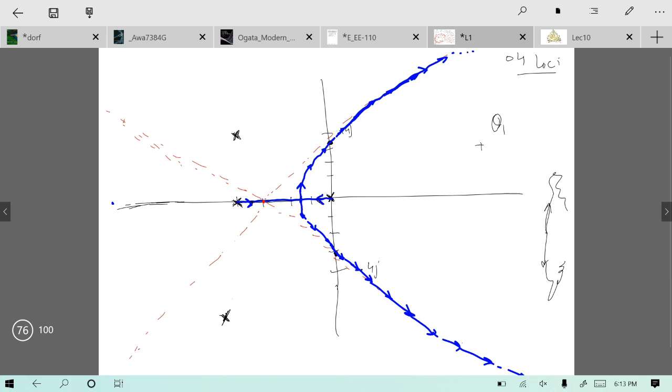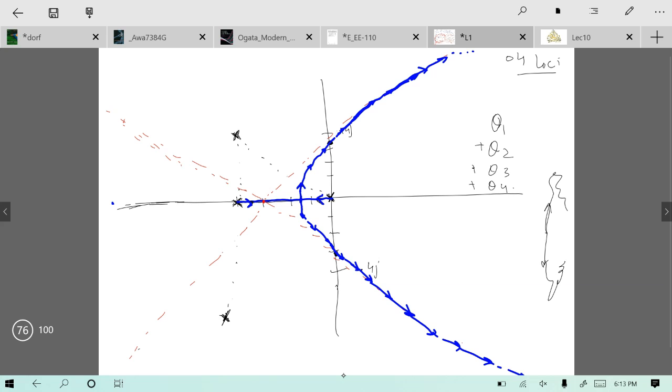For example, this is theta 1, which is the angle of departure, plus theta 2, which is the angle that this pole subtends with this pole, plus theta 3, the angle that this pole subtends with this with respect to the real axis, and theta 4, the angle that this pole subtends with this.